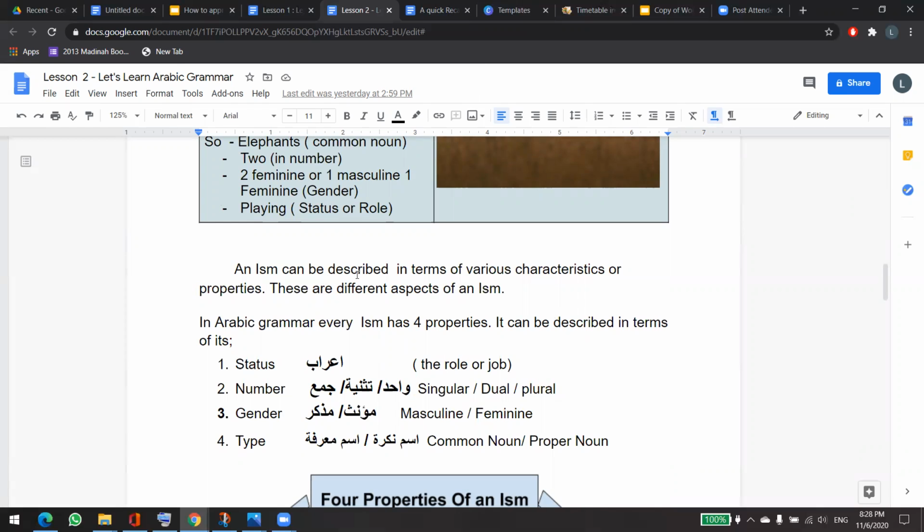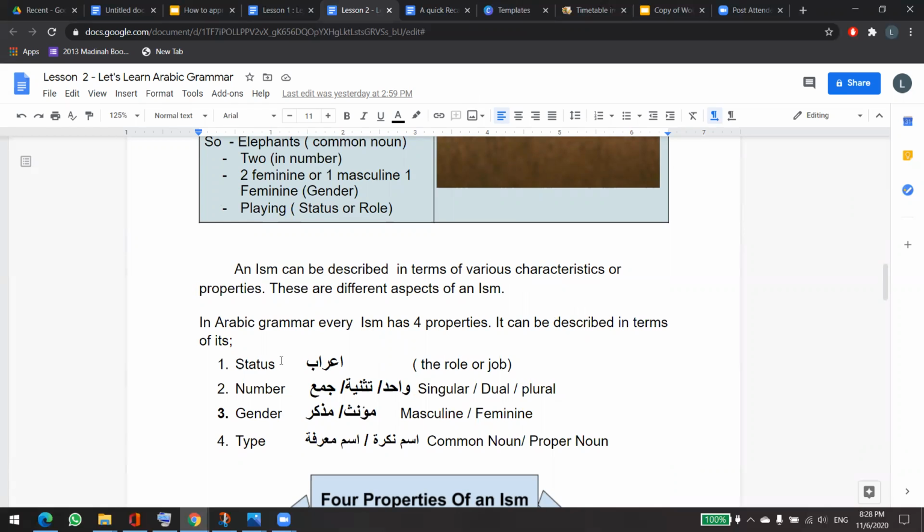So an ism can be described in terms of various properties or characteristics. Or you can say that these properties or characteristics are different aspects of an ism. Okay.